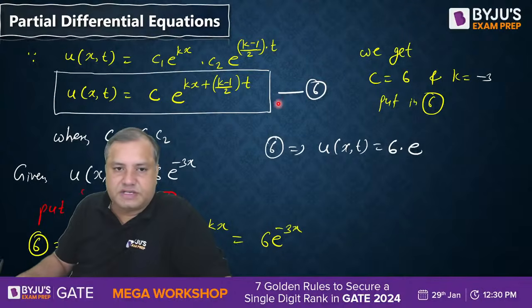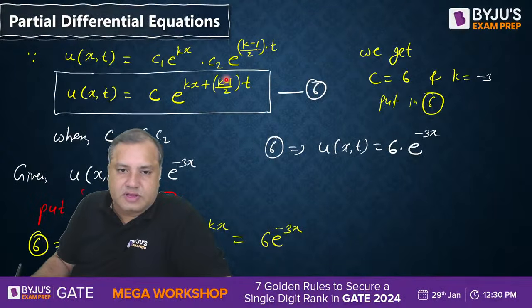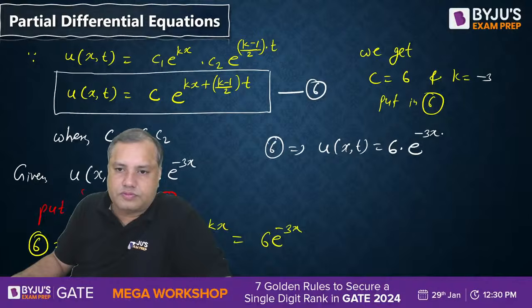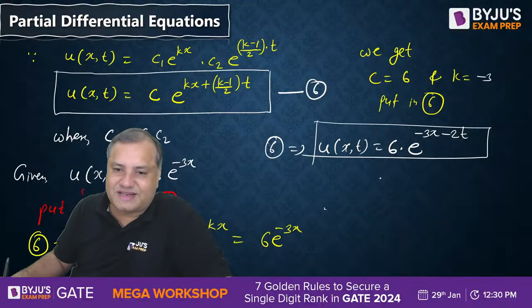So 6 e raised to minus 3x, then minus 3 minus 1, minus 4, minus 4 by 2, minus 2t. So this is the required solution.